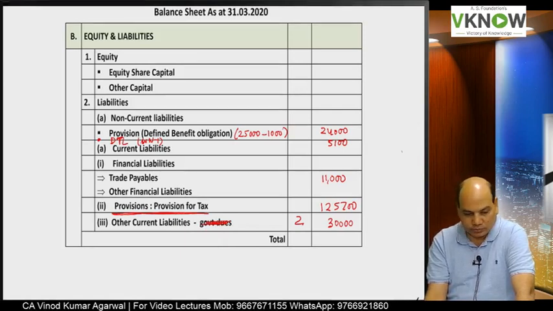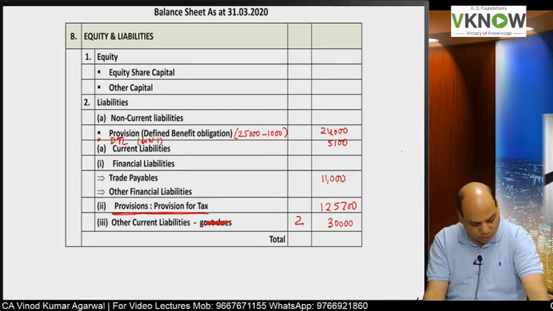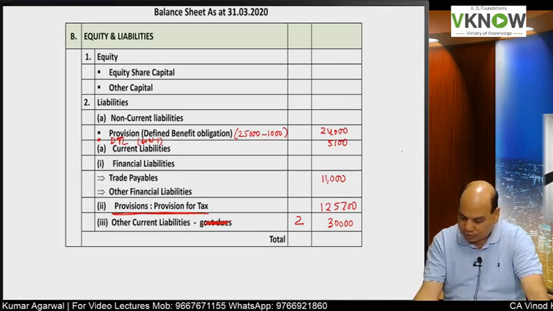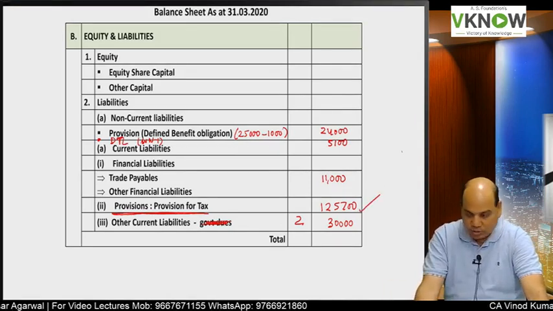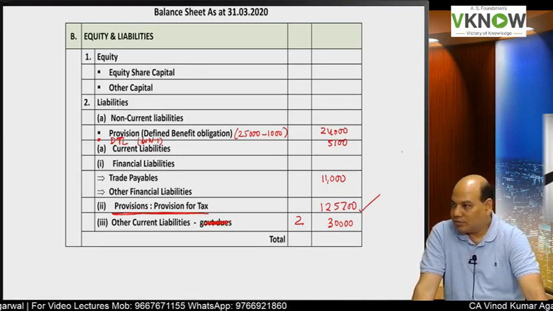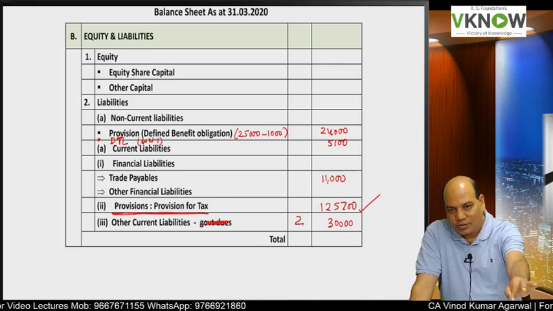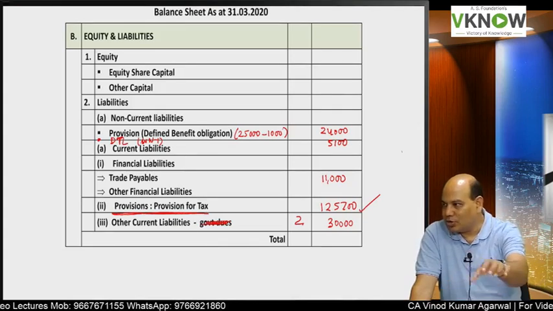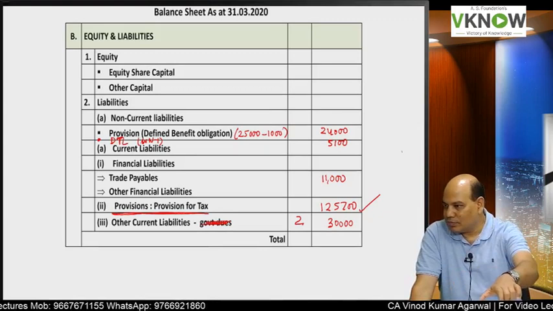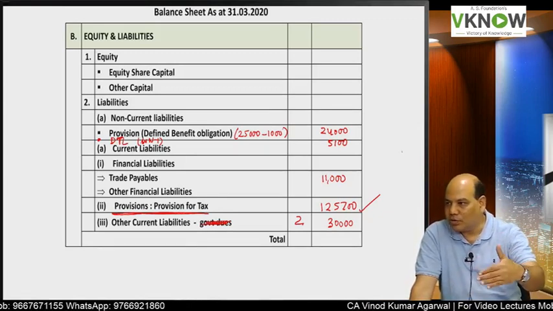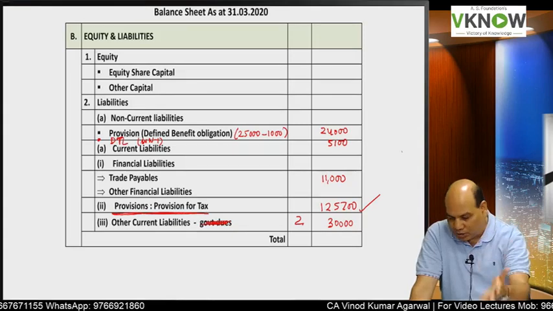But that is okay. Now we'll come to the next line item, short term provision, which will have provision for tax. I think we have already replaced. It's a replacement. Even in P&L account we have changed, in balance sheet also we have changed. So the effect will match. Understood? The effect will match, because the same amount we have also replaced in the P&L account.